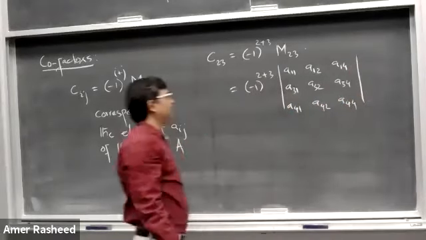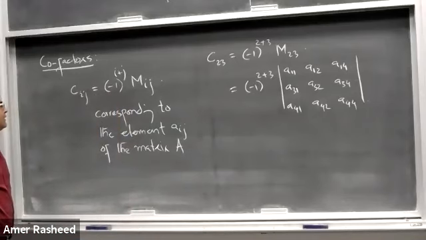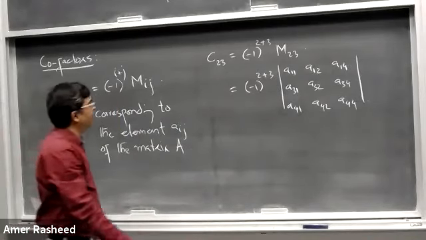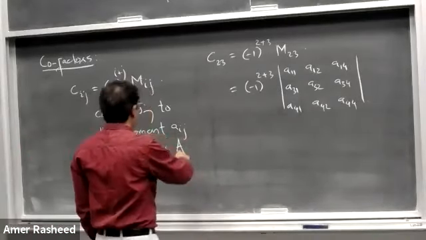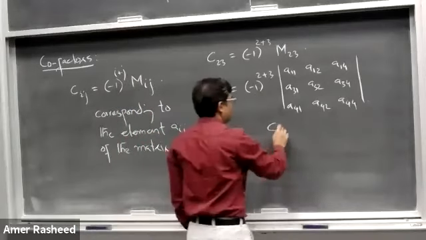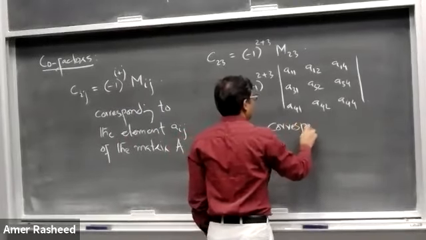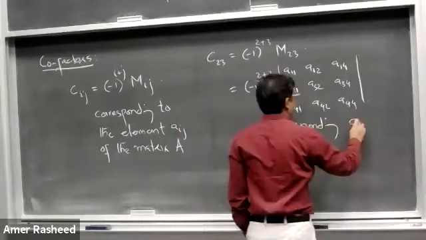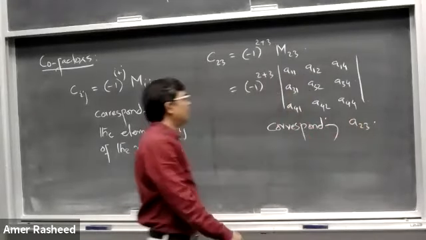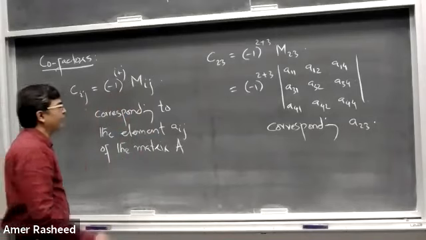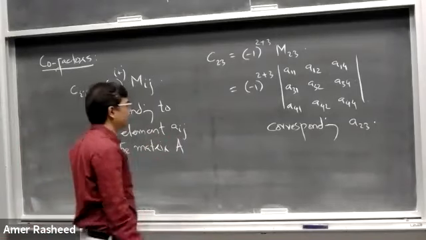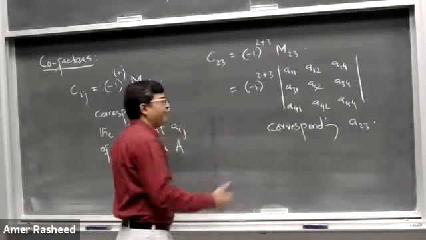So this is basically the cofactor of the matrix A corresponding to that element A23.